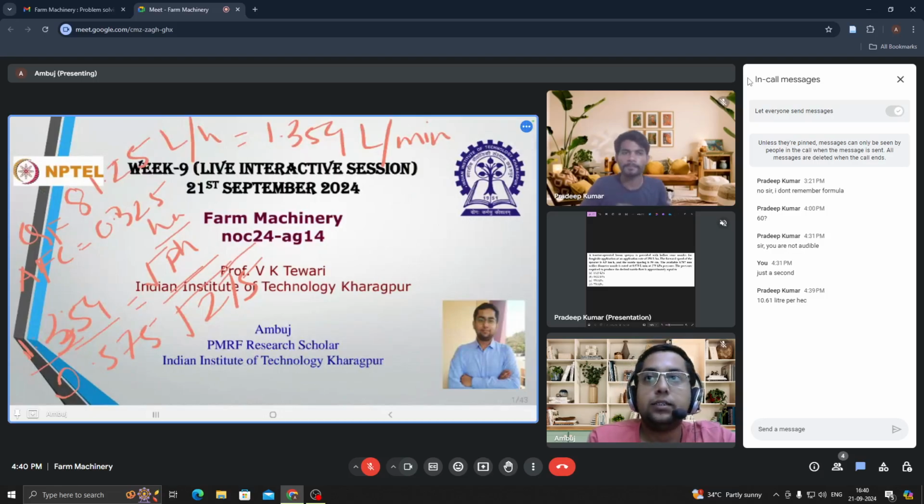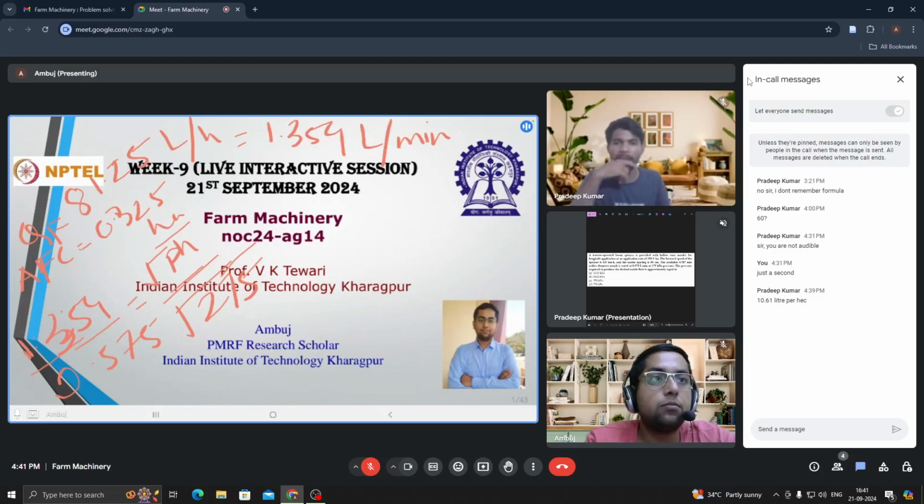See here, the actual field capacity which I am getting is 0.325 hectares per hour. Then multiplying both the values, I am getting discharge rate as 1.354 liters per minute. You will also get the same if you follow the same approach. Then 1.354 divided by 0.575 is equal to root of P over root of 275.